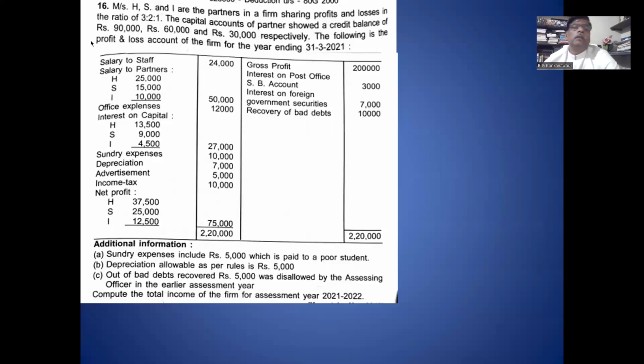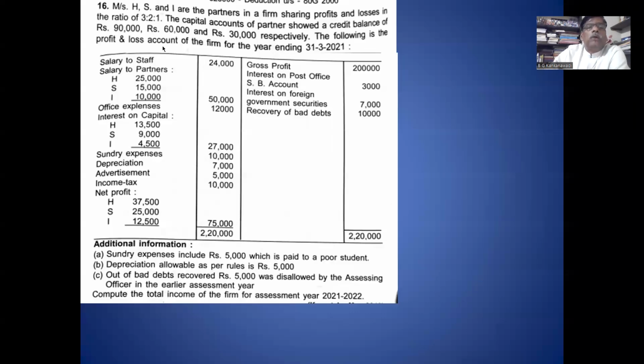First partner capital is 90,000, second partner capital 60,000, and third partner capital 30,000. So the total capital is 90,000 plus 60,000 plus 30,000, I think it is 1,80,000. 1,80,000 is the total capital of the firm.